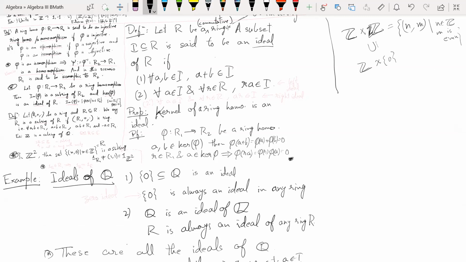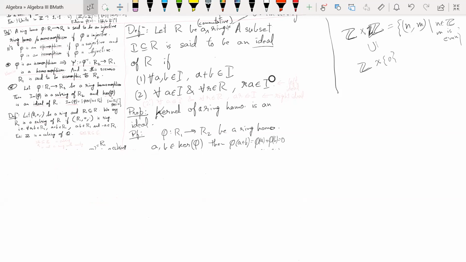These are some esoteric examples, not something to be worried about too much. Without our convention, this will happen for every ring, right? We just take the zero ring. If we don't force the two identities to be equal, then the zero ring always satisfies. Yeah, so zero is going to be a subring if we don't put this convention.